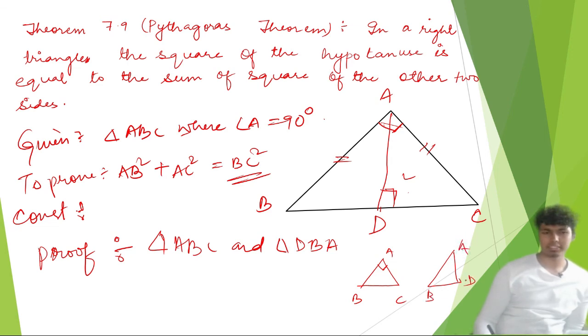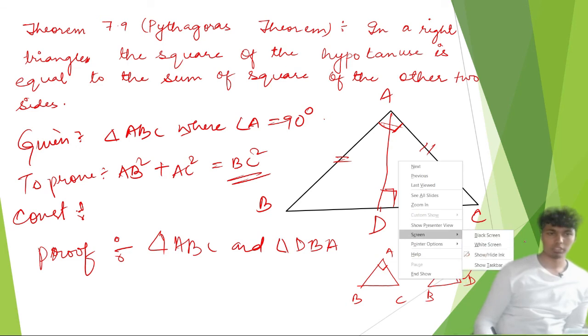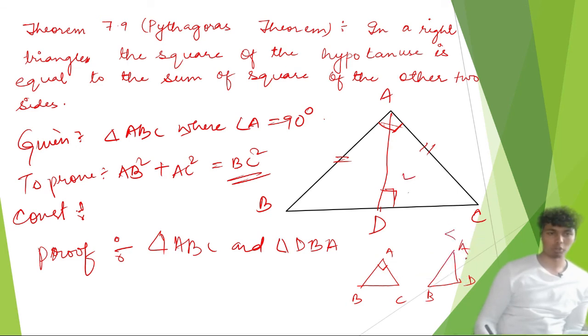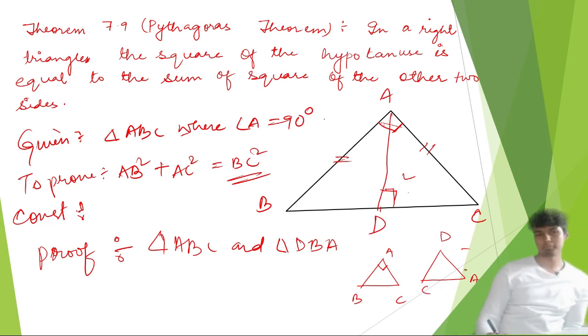You shift this angle to the top, and then you will happen to see something like this, DAC. This is the thing which you are going to see if you have shifted the angle to the top.